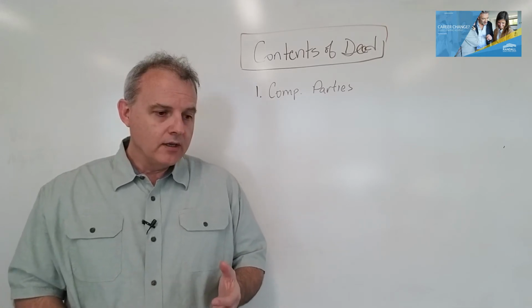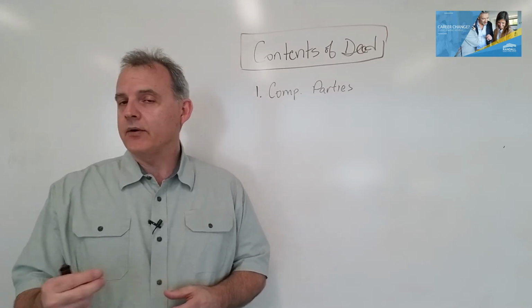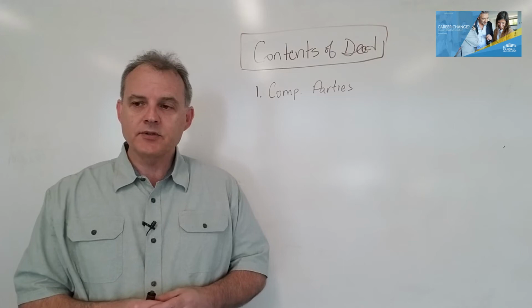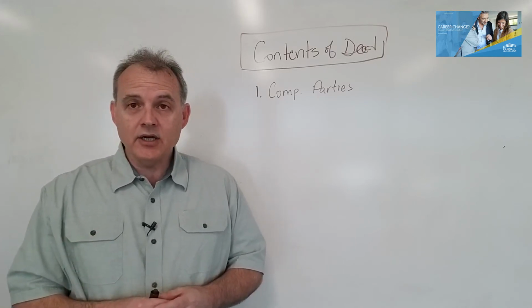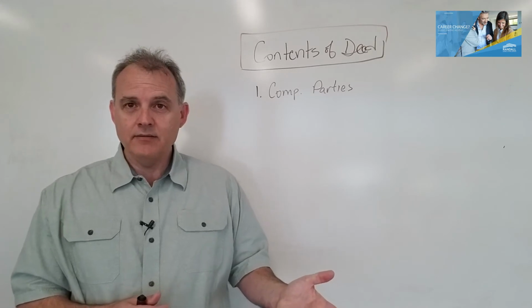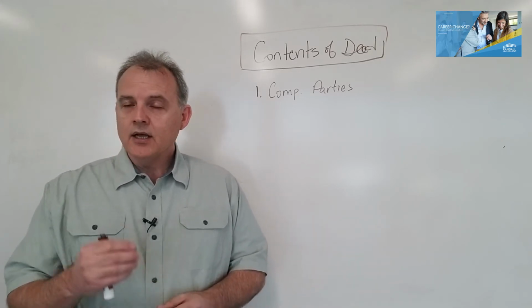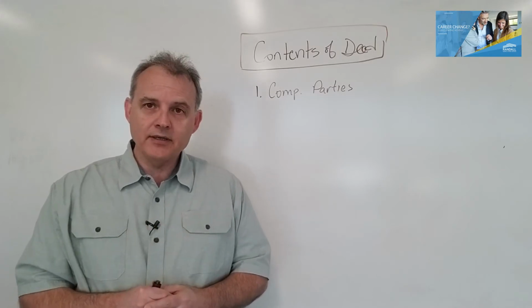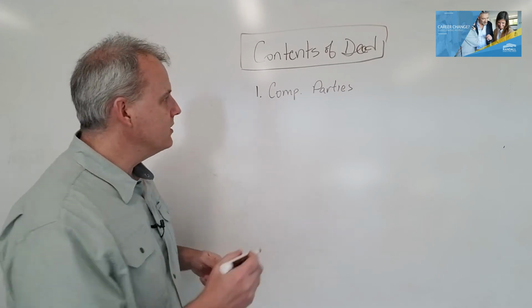Are they able to contract, for example? Have they reached the age where they can contract in a specific state? Are they legally declared incompetent, maybe because medically they're declared insane, those type of things, all right? The parties must be competent to execute and receive the document. Number 2, consideration.